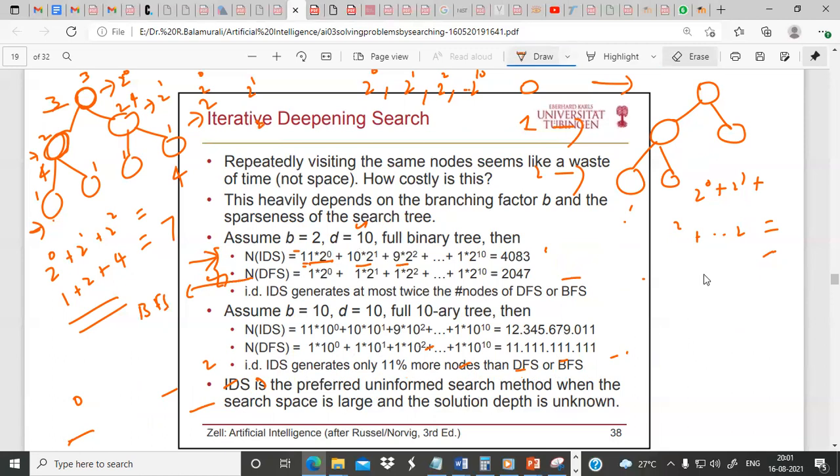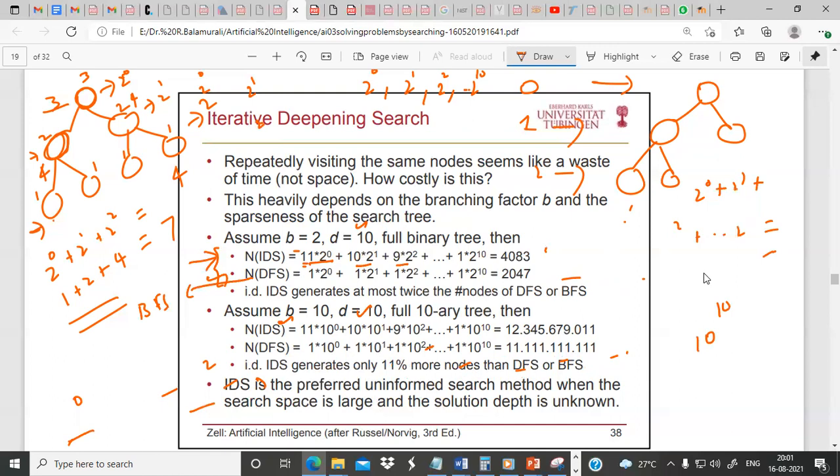So this is the same thing with branching factor 10 and depth 10. Branching factor 10 means at each level you have 10 children. So at the last level, there will be 10 to the power 10 nodes, which will be explored only once.